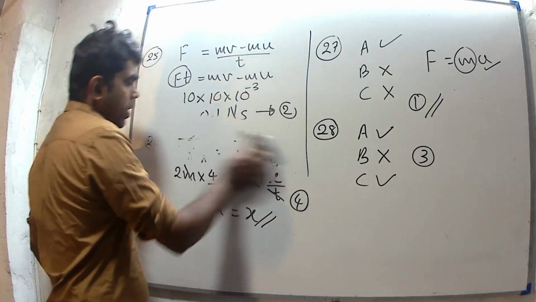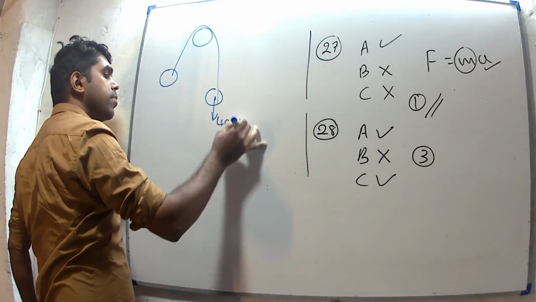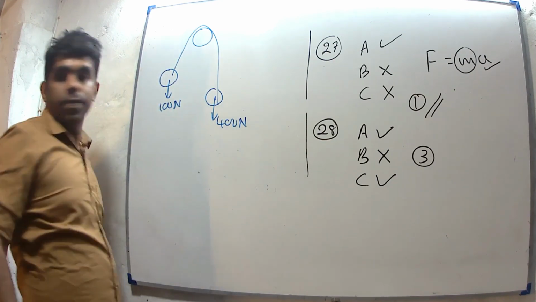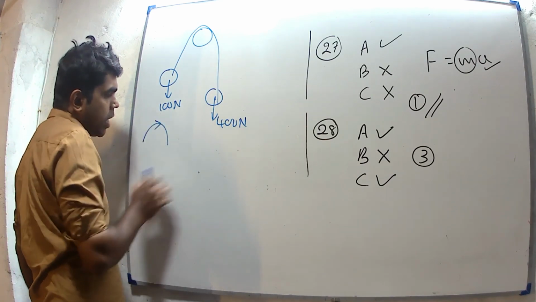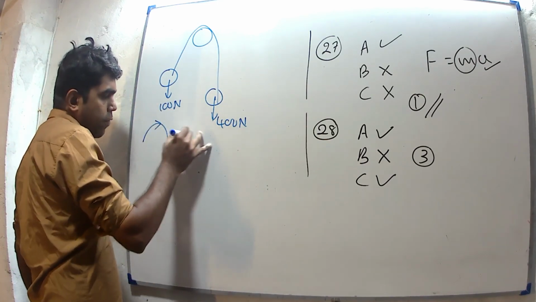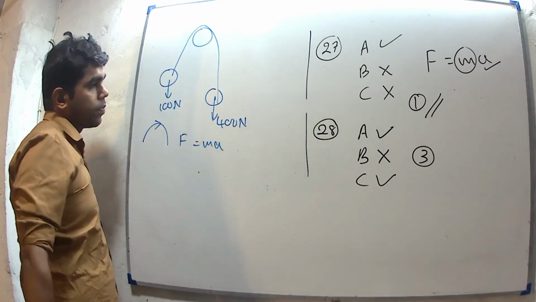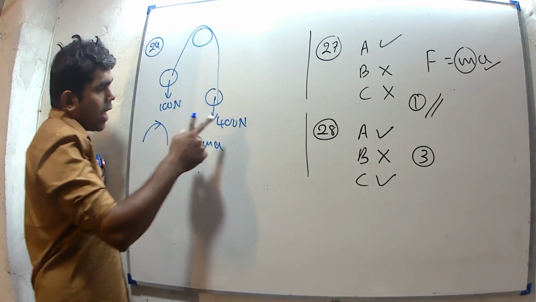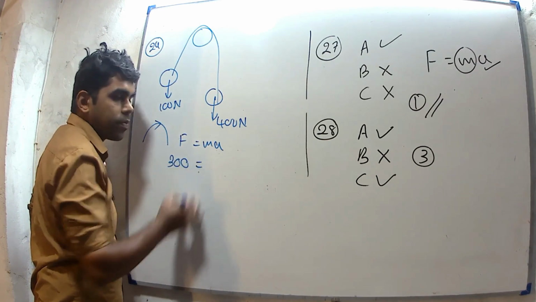In the first situation, there are two objects, 400 Newton and 100 Newton. We can use F equals ma for the system in this direction, because the system is moving to this side. Resultant force is 400 minus 100, it means 300.